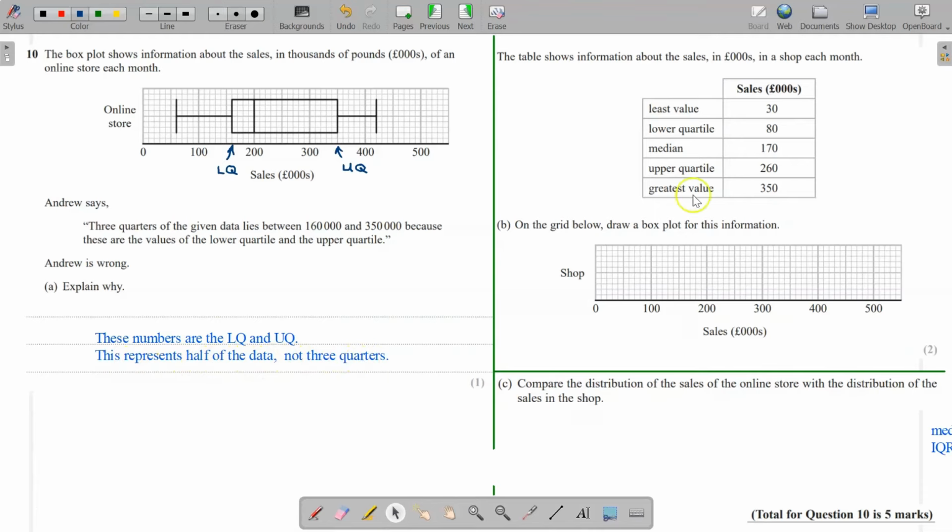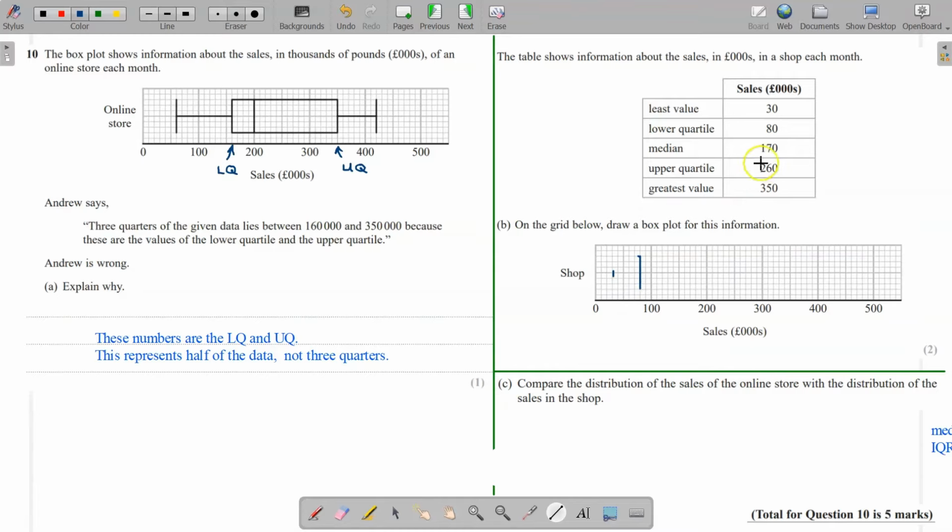Now on to this question. We've got to complete a box plot with the information given here in order, very conveniently, but always check that. So the lowest value is 30, and that's the end of one of the whiskers. So don't plot them in the wrong place. They need to be accurate. Lower quartile is at 80. Make the box about 3 squares wide, so it's about there to there.